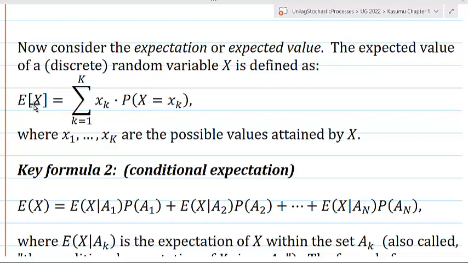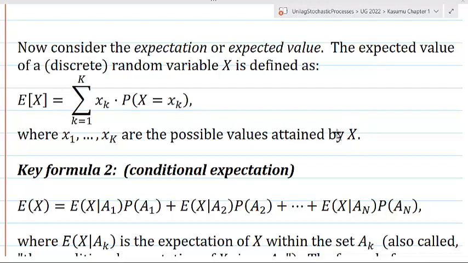The expectation of X is equal to the sum from k equals 1 to capital K of small x sub k times the probability that X equals small x sub k, where small x sub 1 up to small x sub K are the possible values obtained by the random variable X.